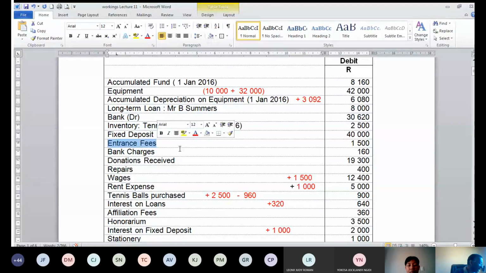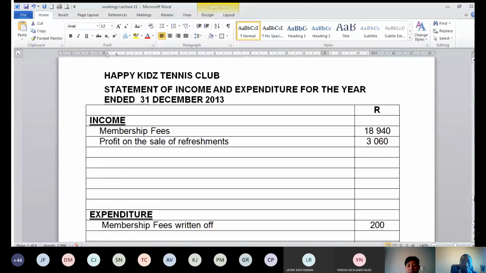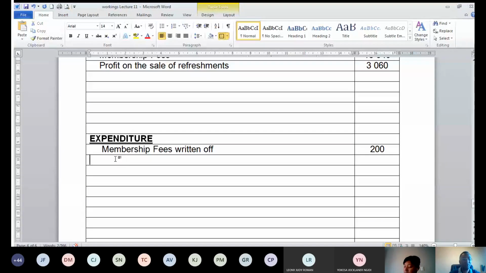Right. My next item in my statement of income and expenditure, I must account for bank charges. Under my expenses, I will have bank charges, and the bank charges amount is $160. My next item, donations received, and donations received will be under your income.